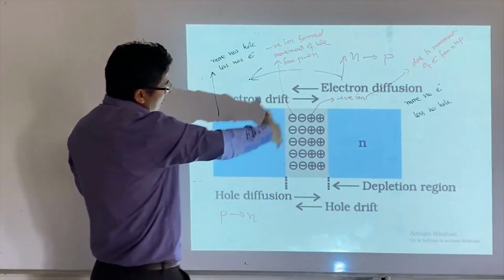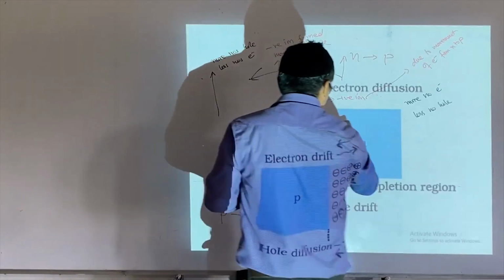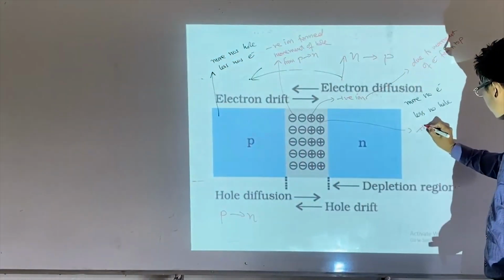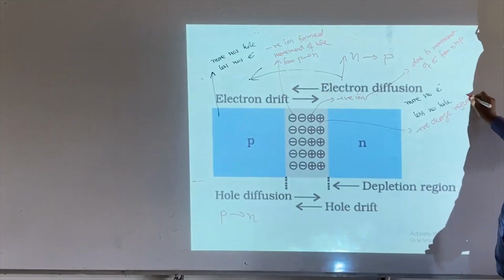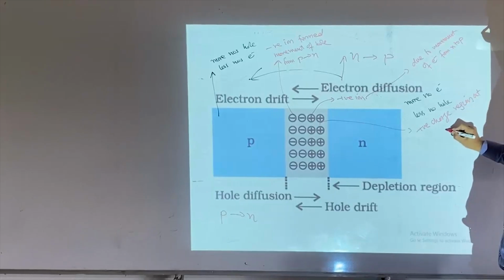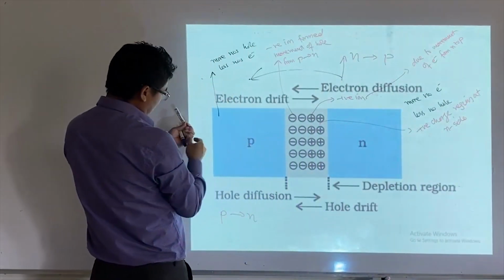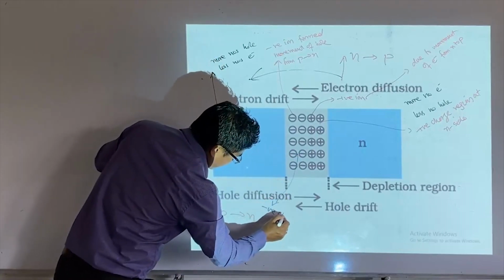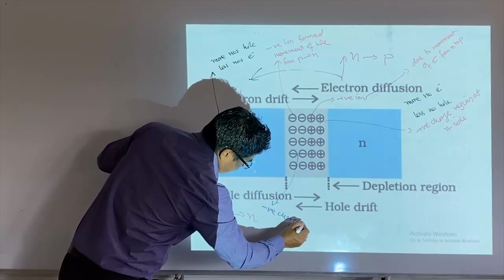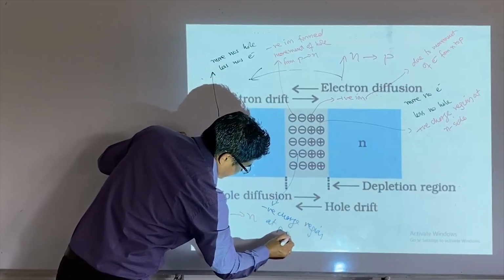Because of this, a positive charge region is formed at the N side, and a negative charge region at the P side.